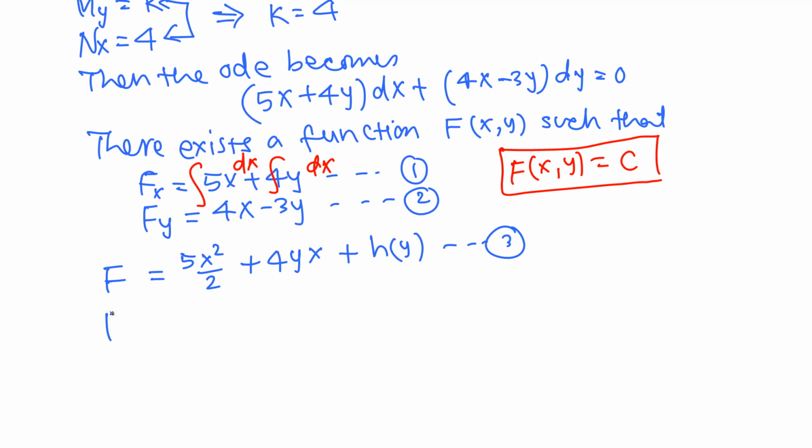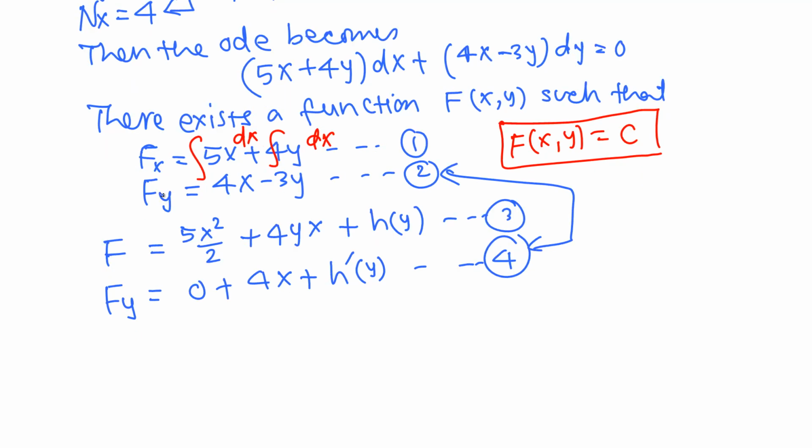This first term is a pure function of x, so with respect to y, just a constant, so 0. With respect to y, the next term is 4x, plus, this is a pure function of y, so the partial derivative with respect to y is the same as the regular derivative. Okay, now we compare 2 and 4.